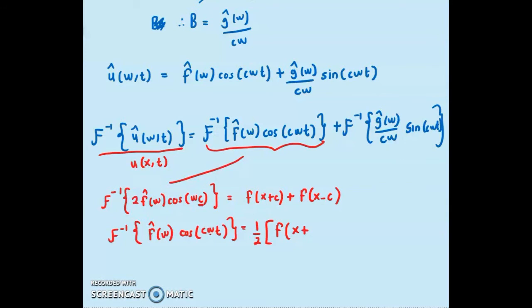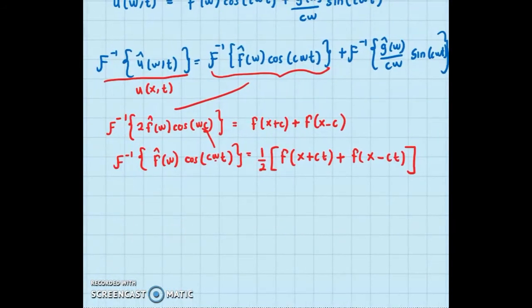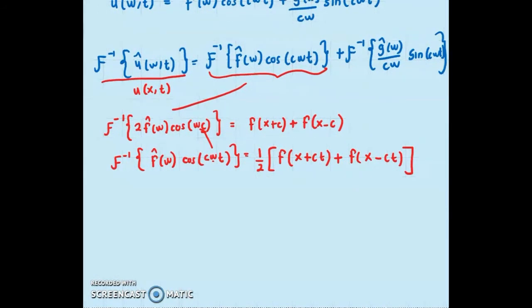Omega remains omega, and c becomes ct. So we have f of x plus ct plus f of x minus ct. Okay, so that's what we obtain for the Fourier inverse involving the function and cos.